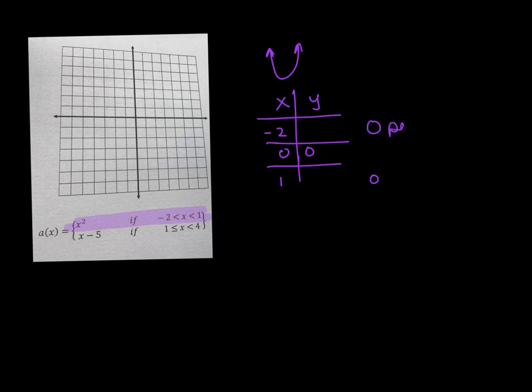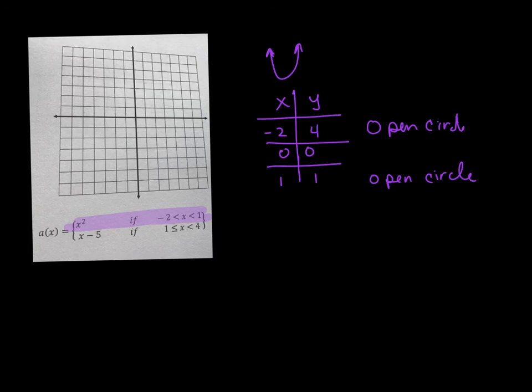Make sure you see that that point isn't actually included, but we need to know what happens at the endpoints of those domains. So if I plug in -2, you are going to get a +4. If you plug in 1, you will get 1.